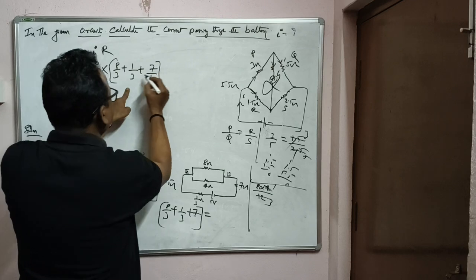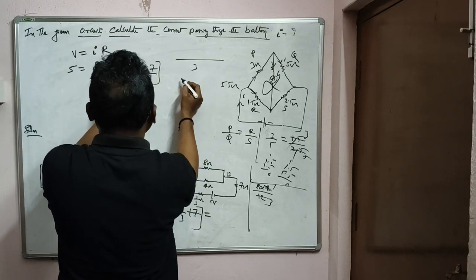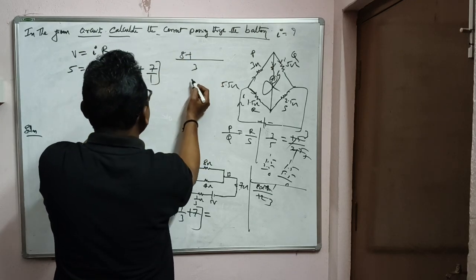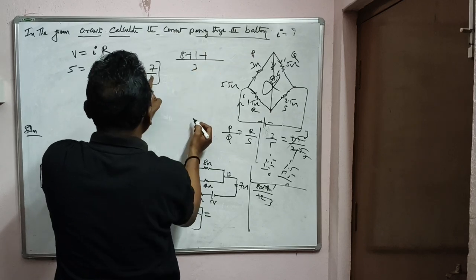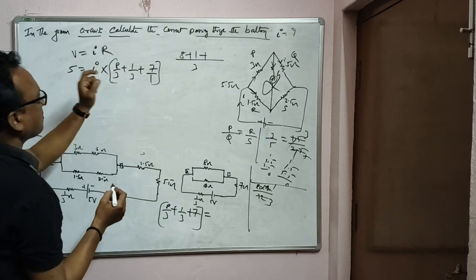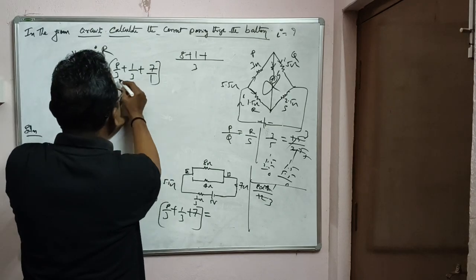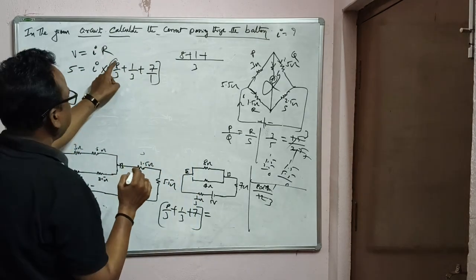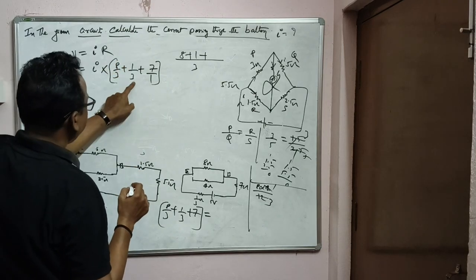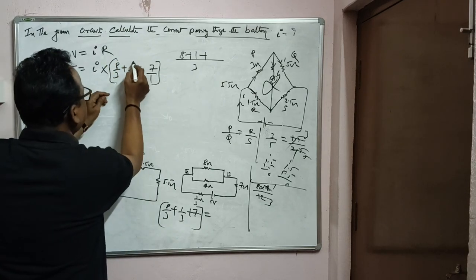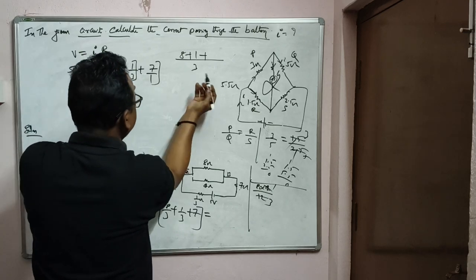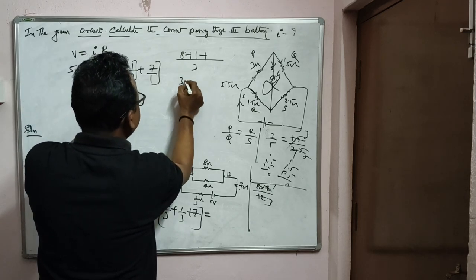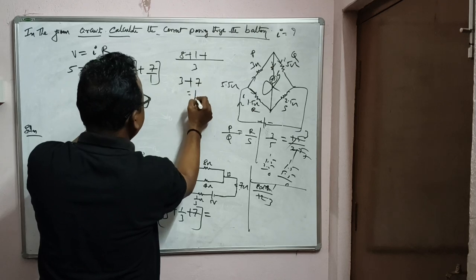Now we take LCM for this one. 3 is the LCM. 8/3 plus 1/3 is 9/3, that is 3. 3 plus 7, how much? 10 ohms.